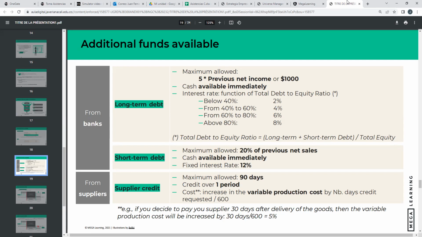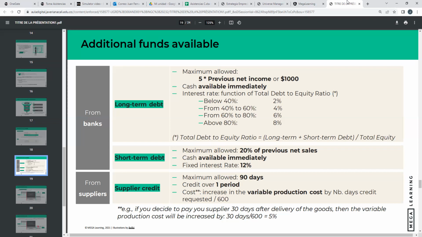But if not all the money is going to come from the bank, let's say that half of the money is going to come from the bank, so now you are going to have a debt to equity ratio of 50. So you will be in one category that is going to charge you only 4% of interest.